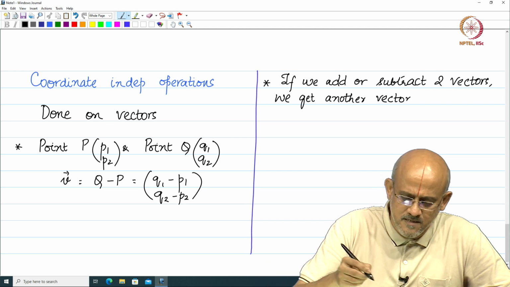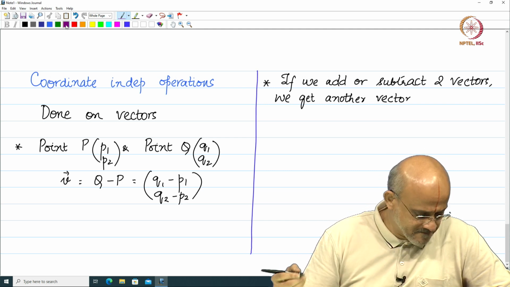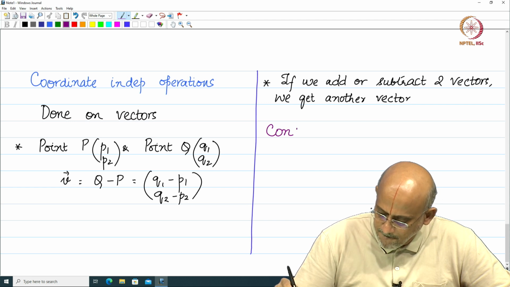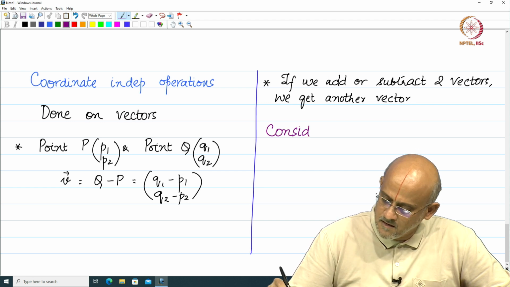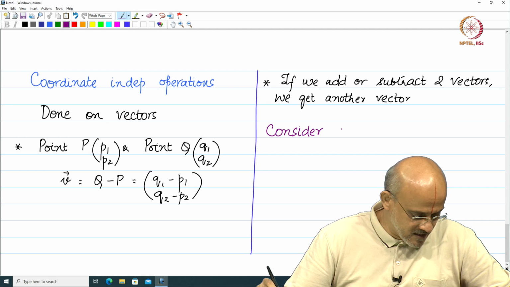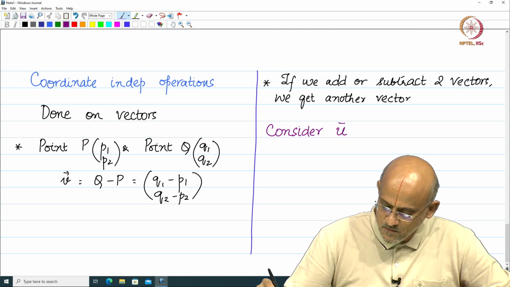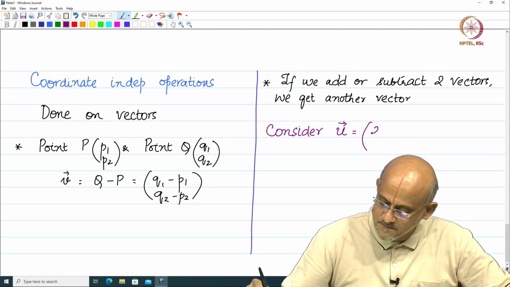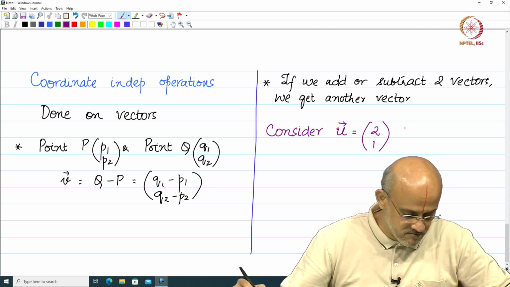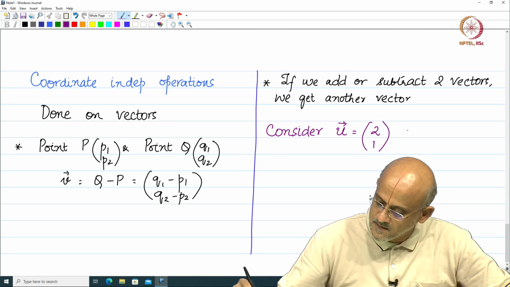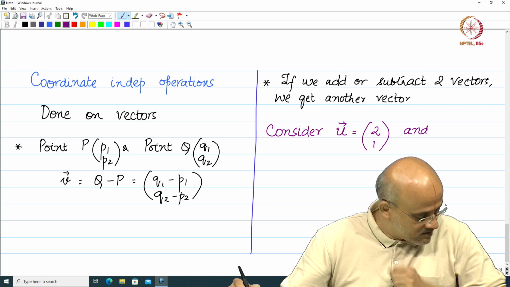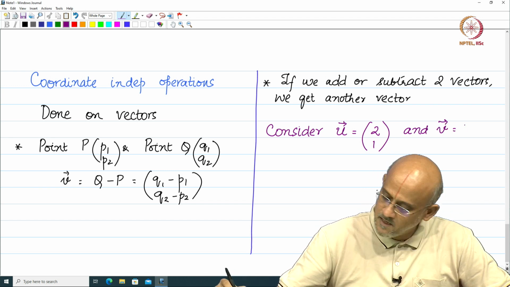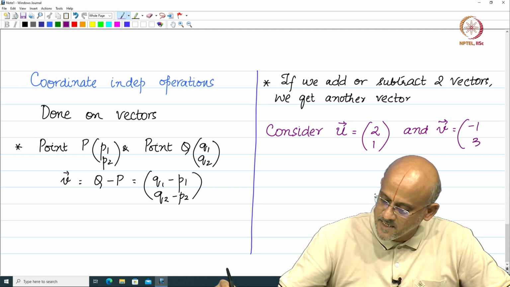So, let us go back to our vector. Let us consider this vector u, which is given by 2, 1, and let v be another vector which is given by minus 1, 3.